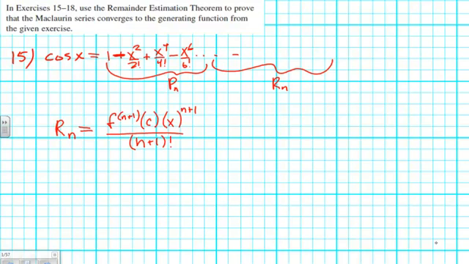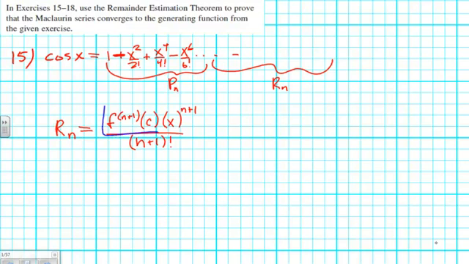And c is some value between the center point a and the point x that we're checking. So what do we know about this?